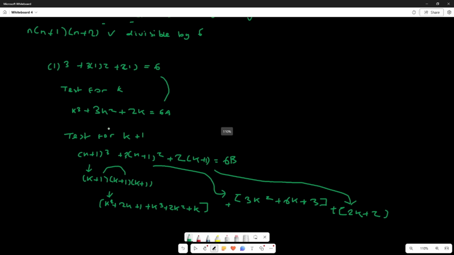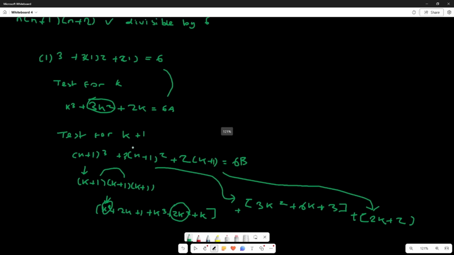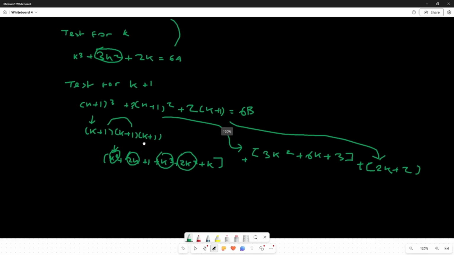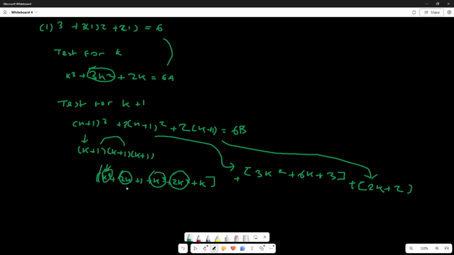So we do. We have a 3k squared. If we add 2k squared and k squared together, we get 3k squared. We also have 2k, and also have k cubed. So let's just say all of this is 6a. All of that is 6a. Then what remains is 6a plus 3, 2 and 1, which is 6, and plus 3k squared plus 6.